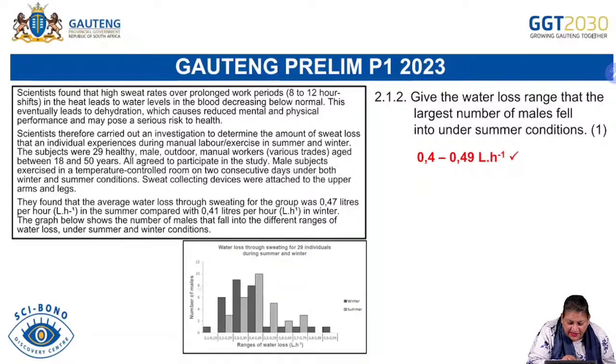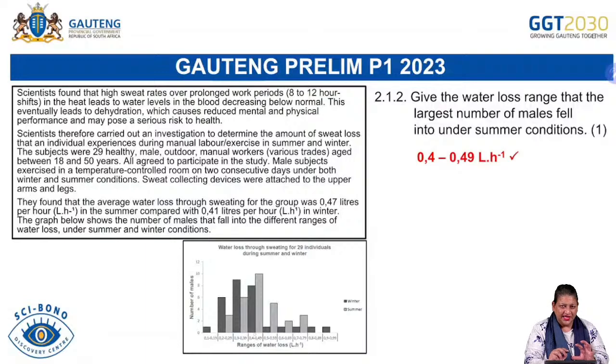You can see that the highest number of males was actually 10, and the water loss for those 10 males was between 0.4 and 0.49.